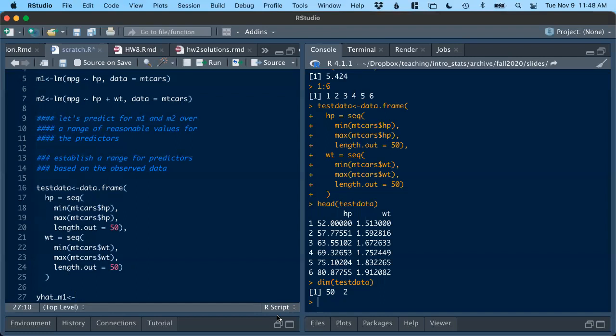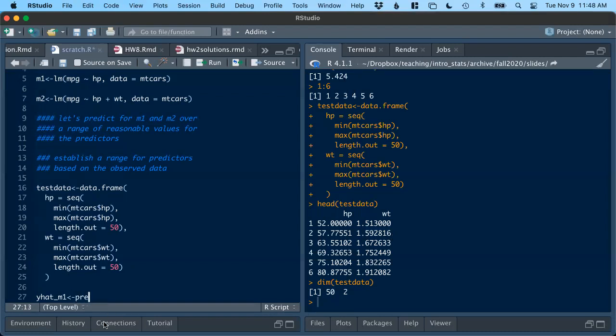We can generate a vector of predictions over this hypothetical data we've created. We don't actually observe any car with a 1.592816 weight, right? But we can imagine a car with that weight, and we might want to predict along it so we can get a continuous line that we can look at.